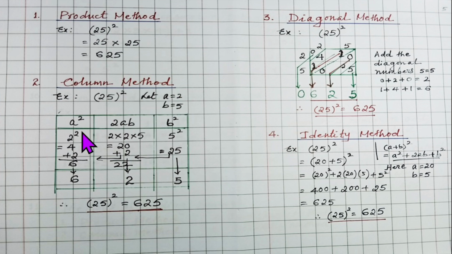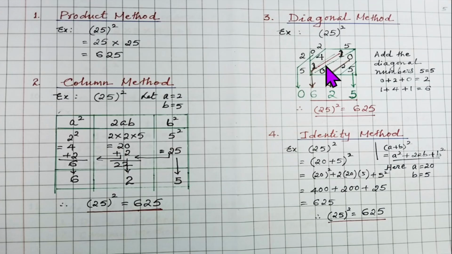Now 5 square is 25, 2 into 2 into 5 is 20, and 2 square is 4. When you have 25 here, write 5 down and take 2 as a carry. Add that to 20, we get 22. Bring 2 down and carry this 2 to the next column: 4 plus 2 is 6. Bring 6 down. Therefore the square of 25 is 625, the same answer.